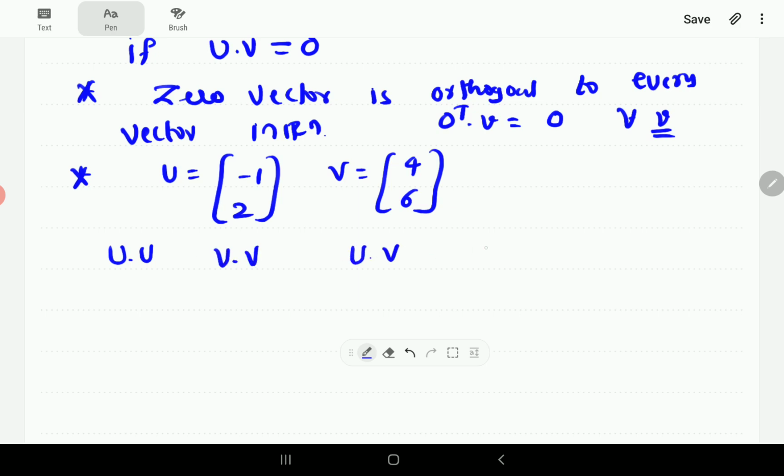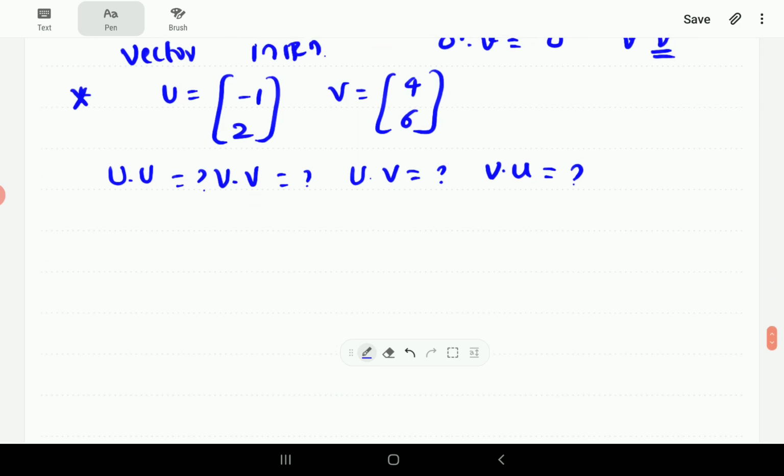Also find v dot u. Just find these answers, because these are inner products. I think you can find them out. You can also comment your answers in the comment box, saying what you're getting.